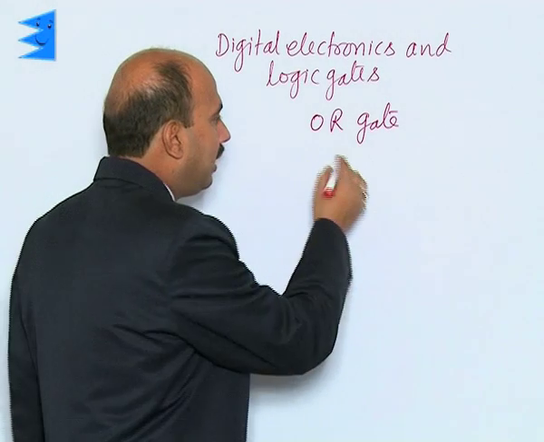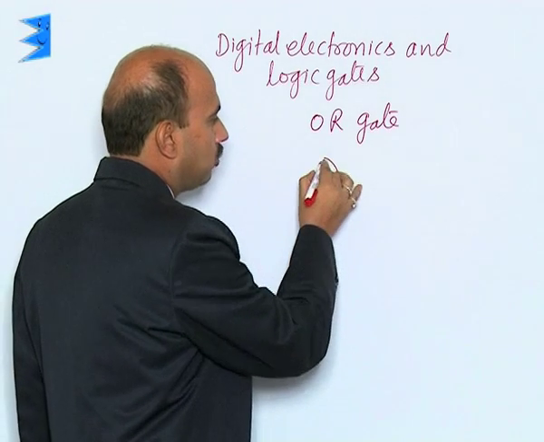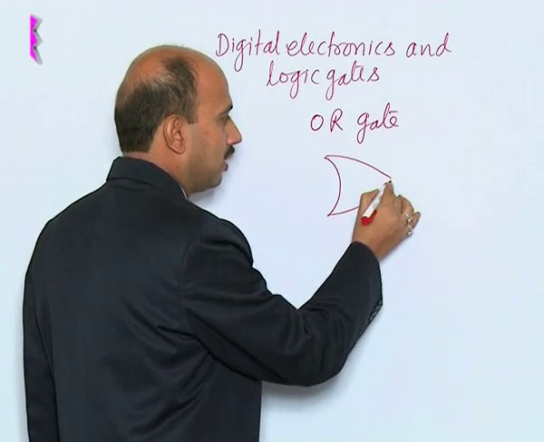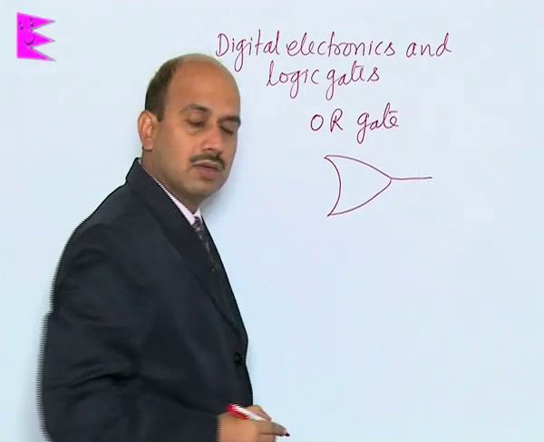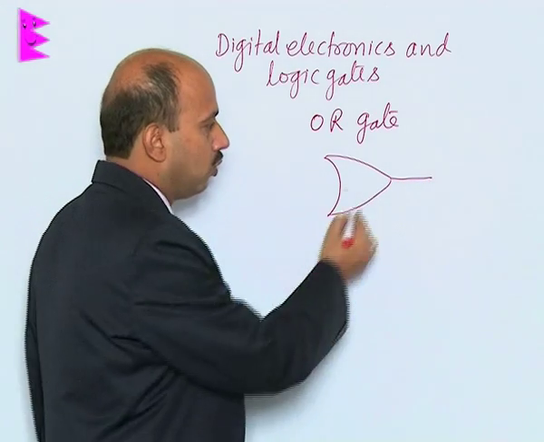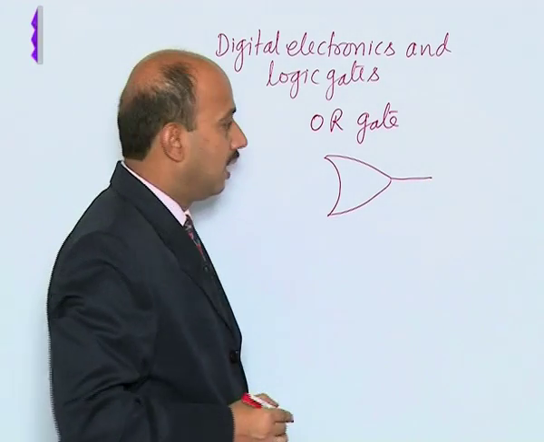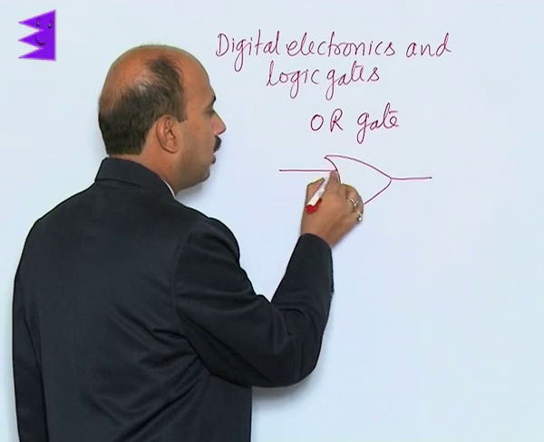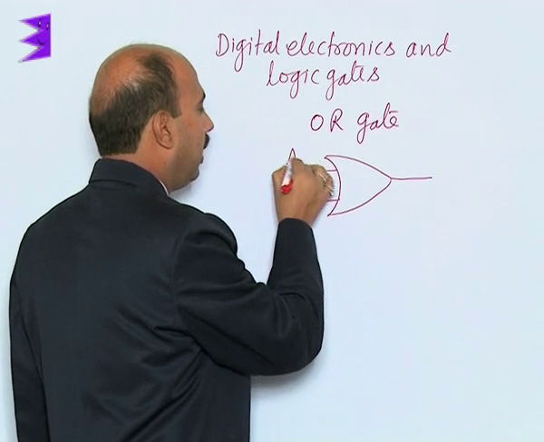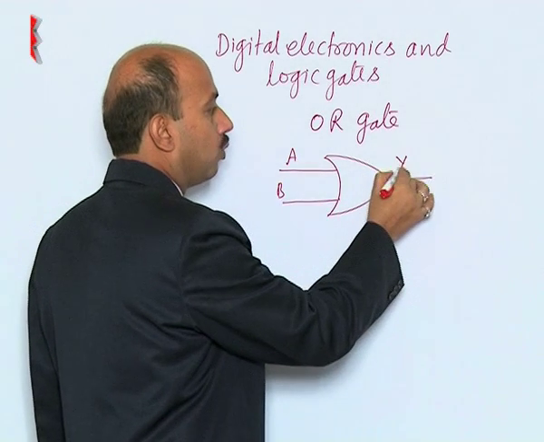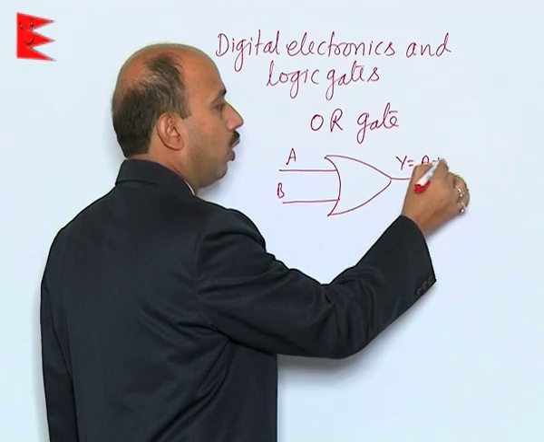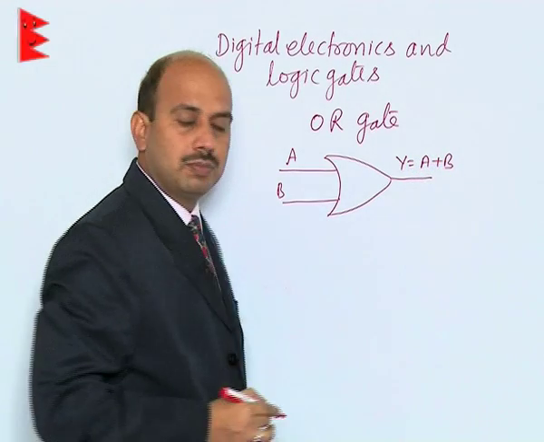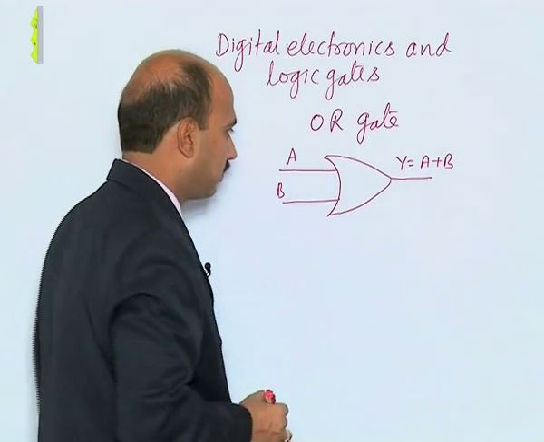The OR gate symbol is like this. This symbol consists of an electronic circuit inside it, with diodes used to realize this symbol. There are two inputs A and B, but one output, that is Y is equal to A or B. We do not say A plus B, that is A or B.